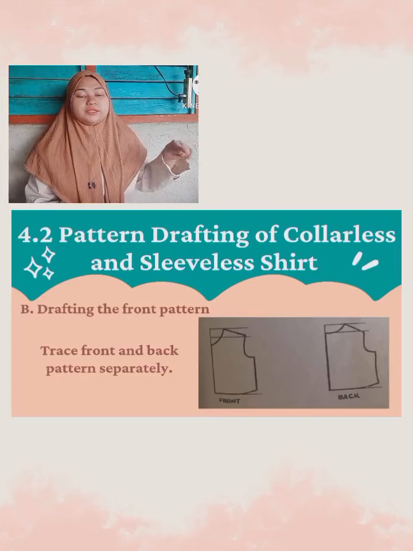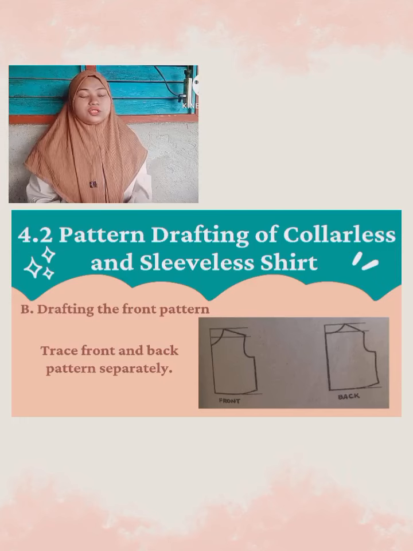After we have highlighted that pattern, we just have to trace the front and back of the collarless and sleeveless shirt, and then it is ready to be stitched. For further discussion, my partner Miss Pamplona will be the one to discuss the other half of this lesson.